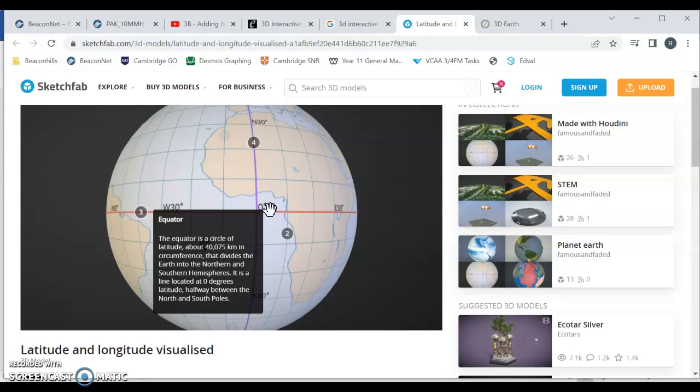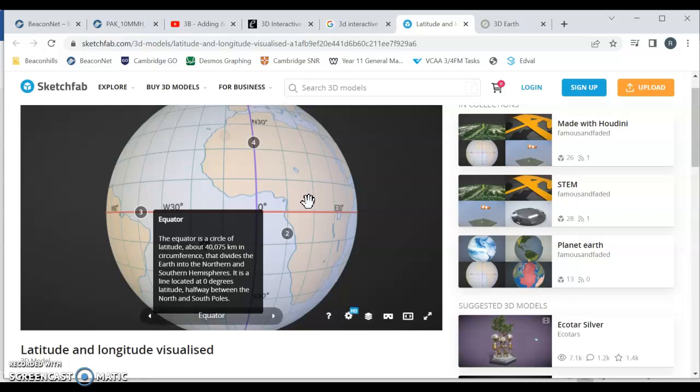So with the equator, if I cut our Earth in half along this red line, hopefully you agree with me, this would split it into our northern hemisphere up here and our southern hemisphere down here. Both of those circles, if I opened them up and looked at them, would be the same size, and that would be the largest possible circle that I could create from this sphere.